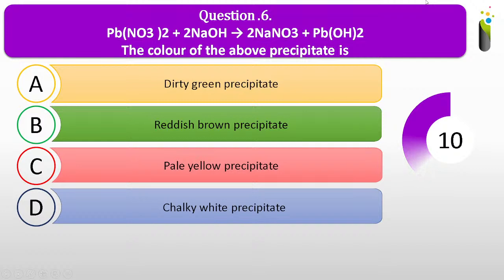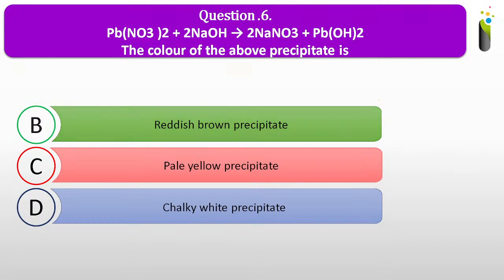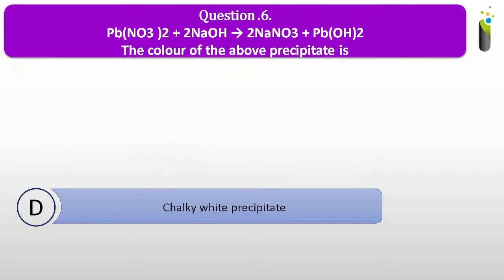So what is the answer for this question number 6? So the correct answer for this is chalky white precipitate.